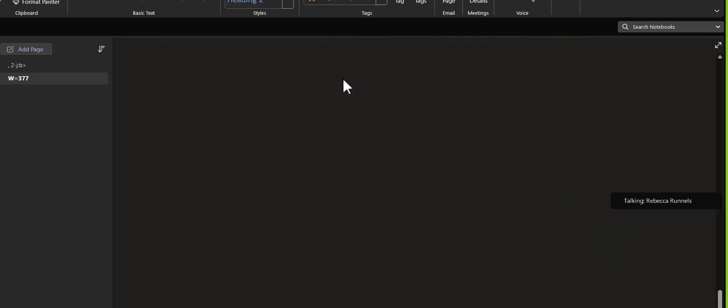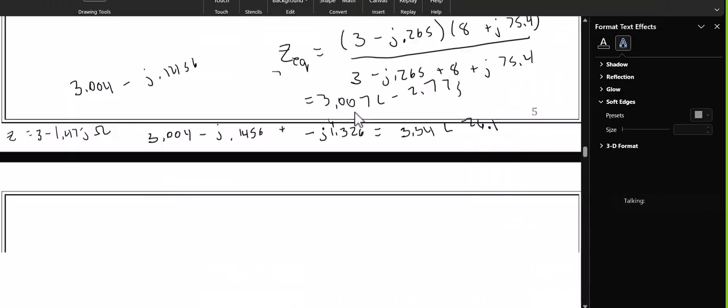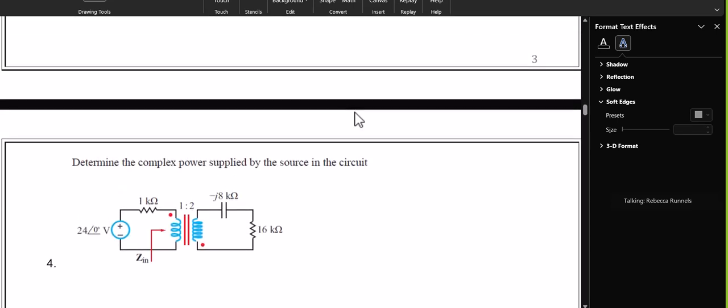Just to let you know, there's one power question you skipped. You think you might do that in the end? Which power question did I skip? It was like the circuit we did. It's question 4.